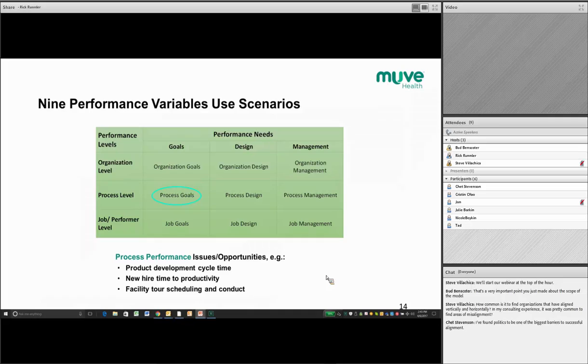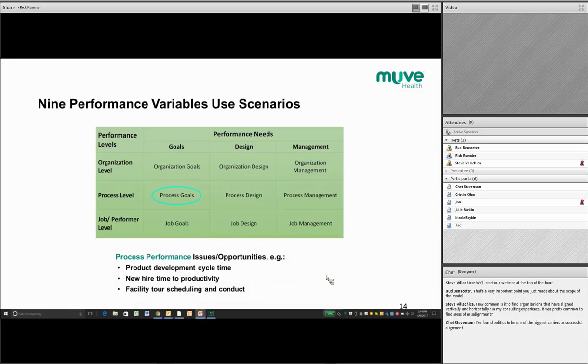Or I'm talking about training managers, but it's about new hire time to productivity that is the issue or opportunity I'm trying to deal with. Or one that I have in front of me right now is scheduling tours for our new facility, which we'll have our first case week after next. And so trying to make sure we have an organized way for doing that.